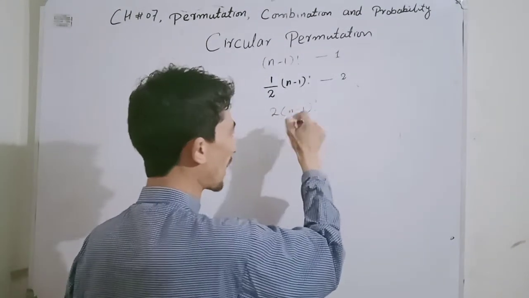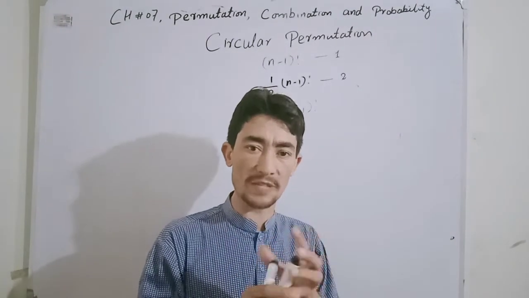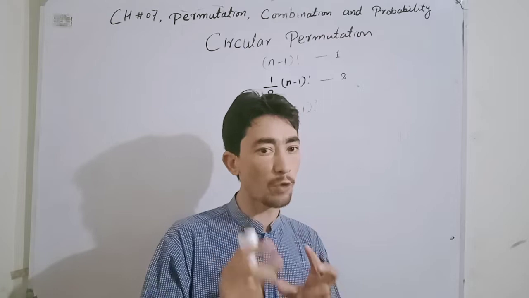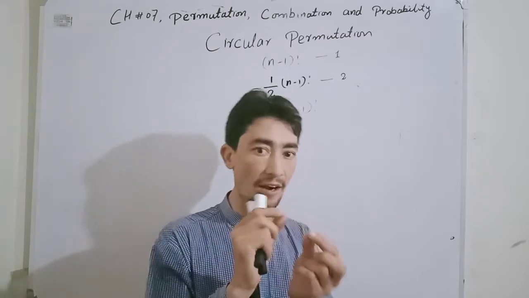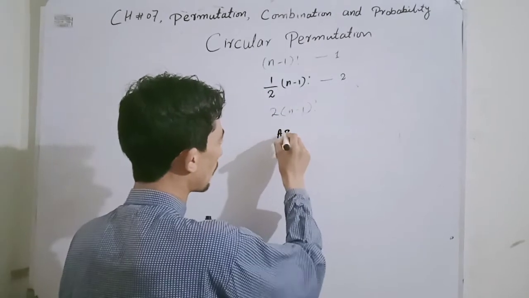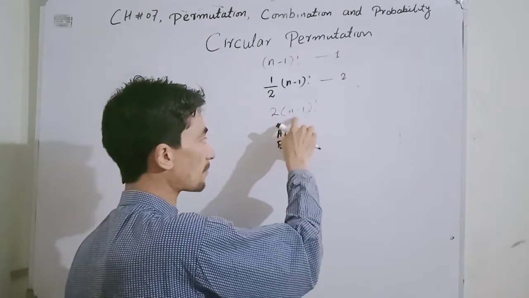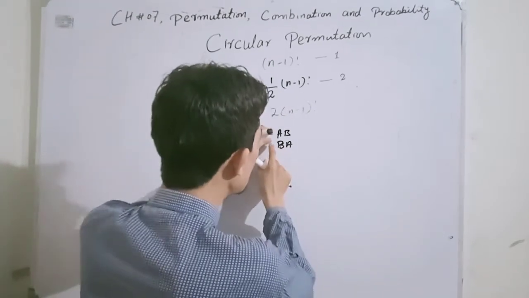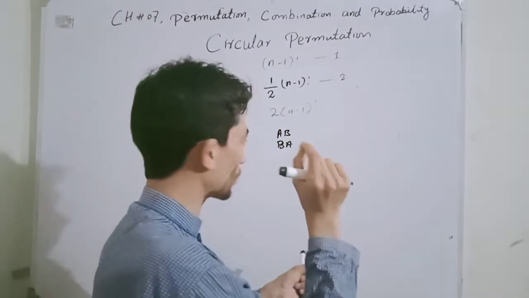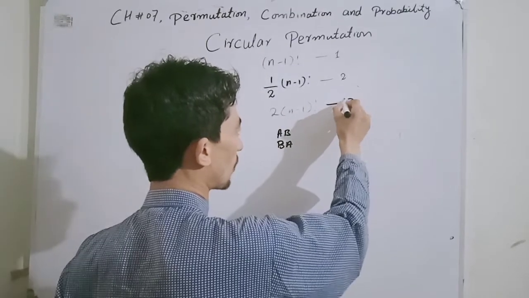Because n minus 1 factorial is for the circular permutation, and 2 means, for example, there are objects a, b, c, d, 4 objects, but if you want to permute like a, b on the same seat or on the same place, therefore at that time you know that it is a, b or b, a. So that's why we use the formula 2 times n minus 1 factorial, because these two show the 2 times, because a, b and b, a are taken as one object. Therefore 2 times n minus 1 factorial. That is the third formula of permutation.